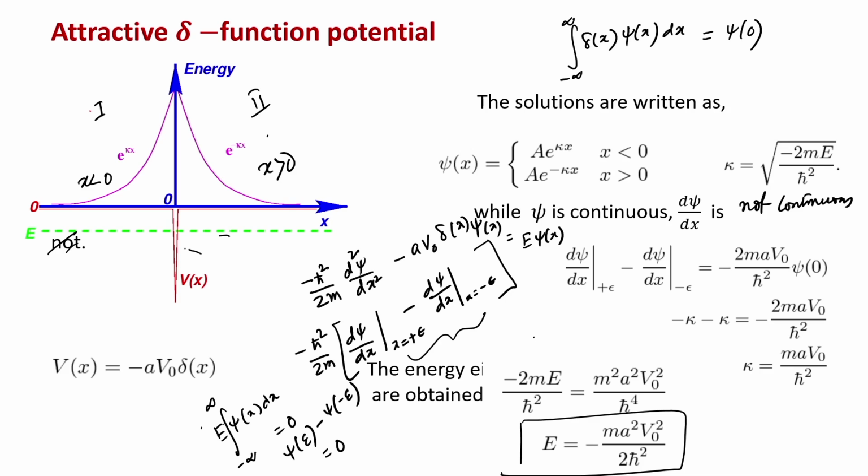If you take psi mod square of x and integrate it over all x, from minus infinity to plus infinity, you have to break it up into minus infinity to minus epsilon, using the first solution, so it is A square e to the power 2 kappa x, and plus epsilon to infinity, again A square into e to the power minus 2 kappa x, and that is equal to 1.